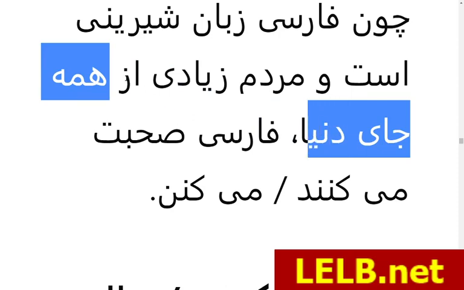But anyway, از همه جای دنیا means from different parts of the world. فارسی صحبت می کنند, so they speak Farsi. So a lot of people from different parts of the world speak Farsi, speak Persian.